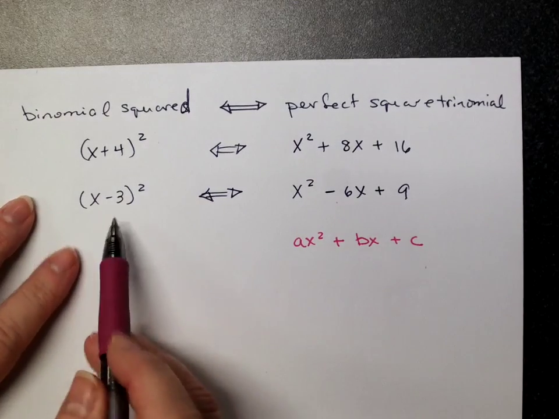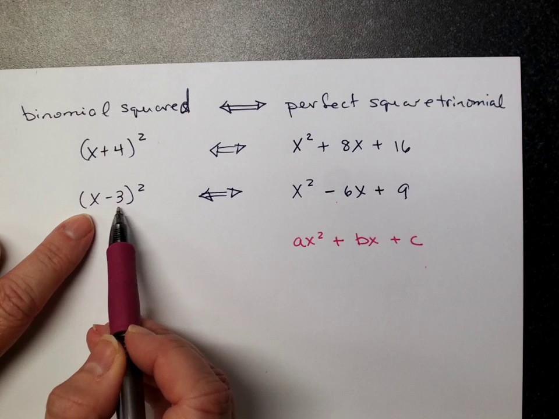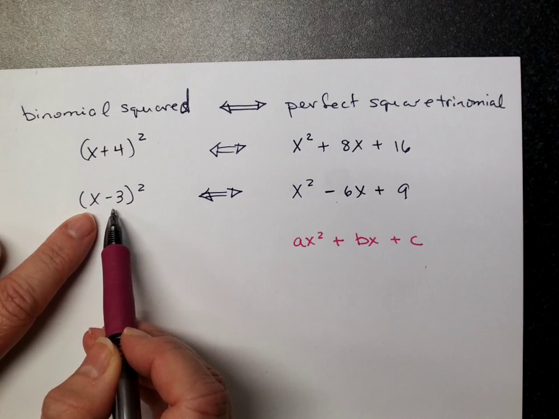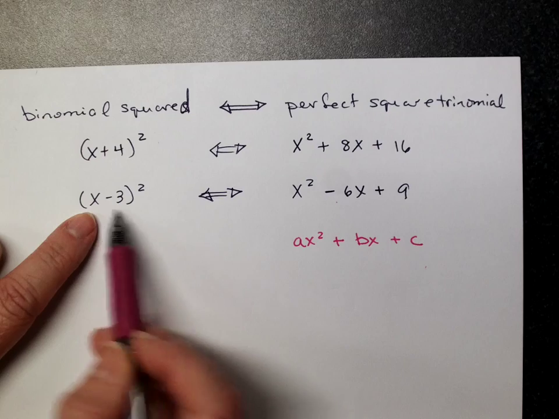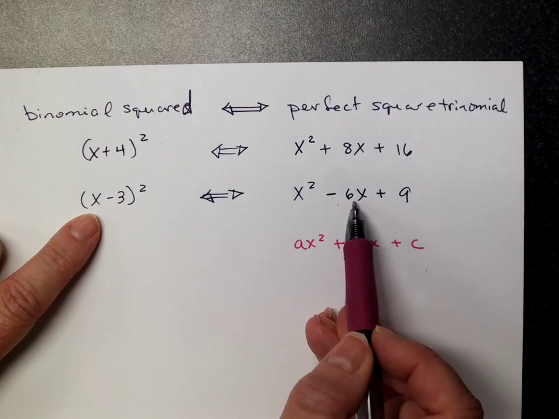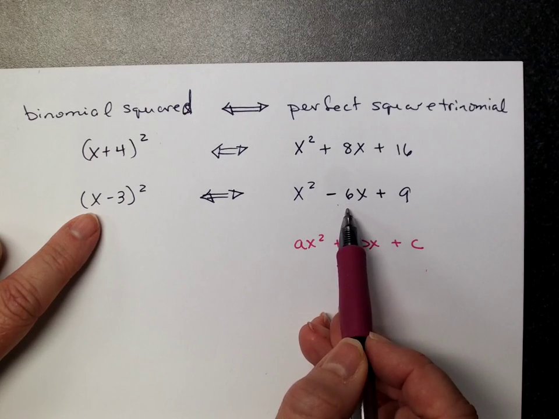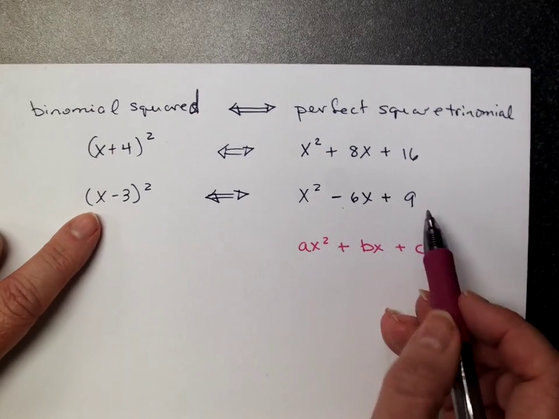So we know that to get that middle term, we did this times this doubled. What is the opposite of doubling? Dividing by 2, right? Just like we can go in both directions, this times this doubled gives us this, and this cut in half gives us this.